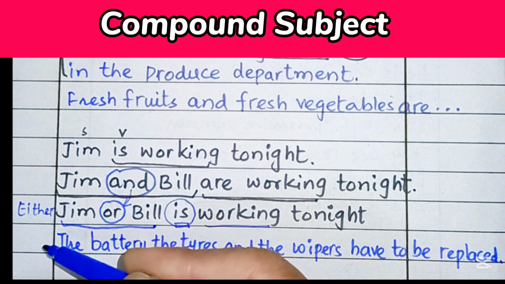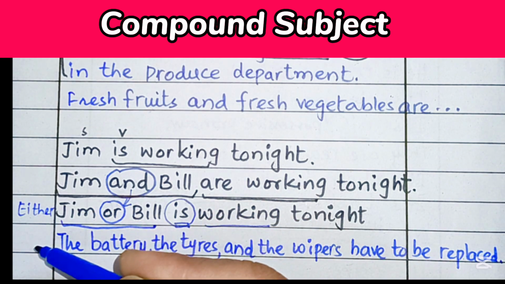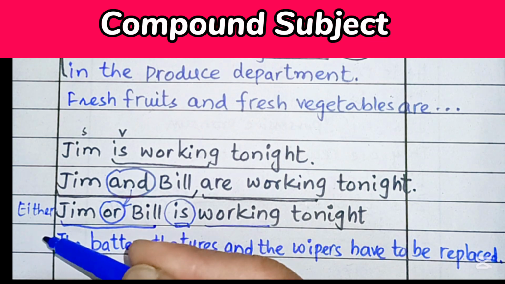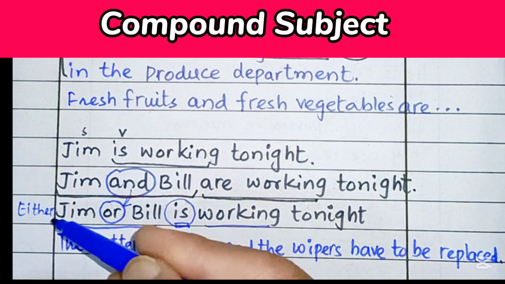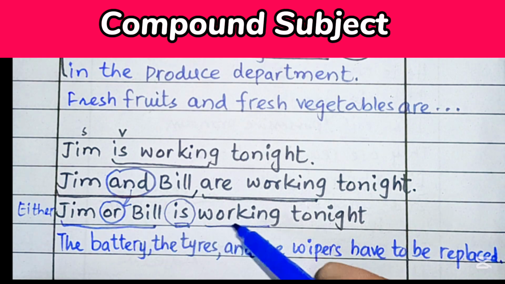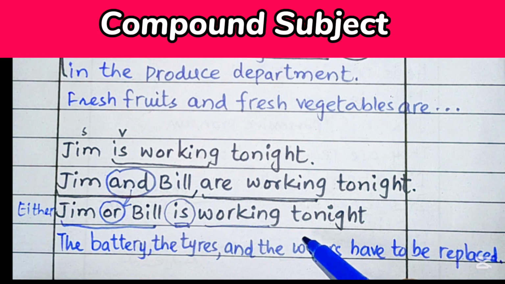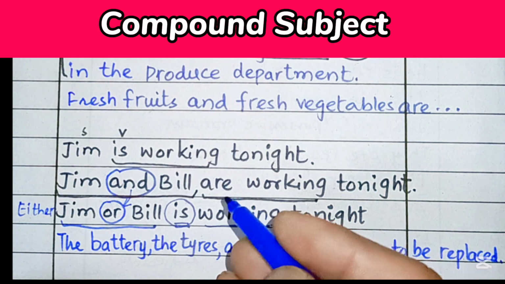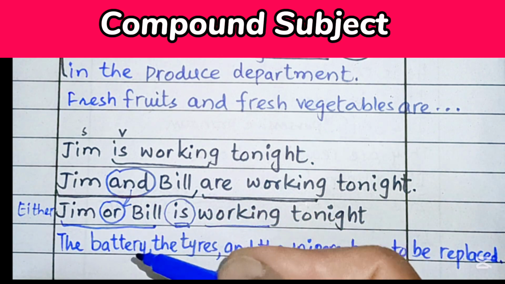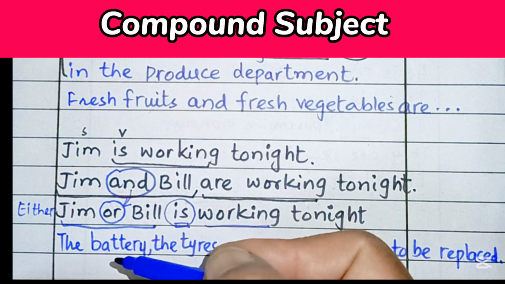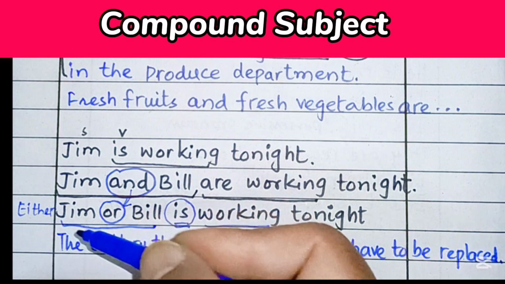But as I mentioned, it sounds better to add the word either before the compound subject. Either Jim or Bill is working tonight. It will have more clarity. This indicates there is a choice, either Jim or Bill. We have got a choice by putting this word either.